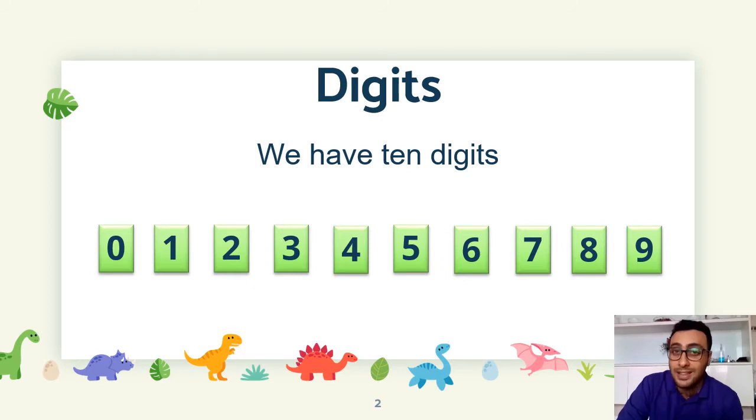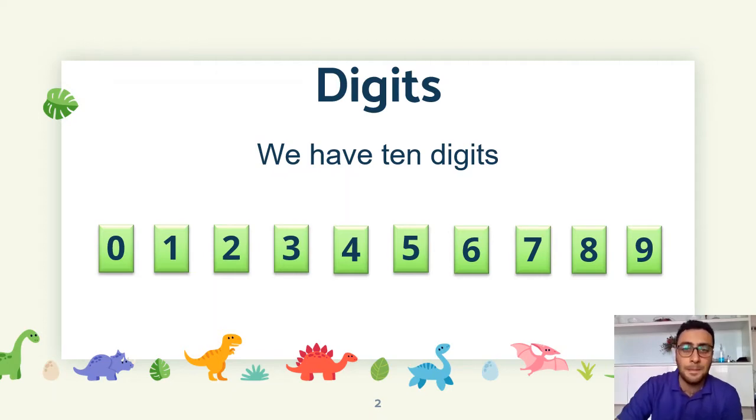Remember, we have 10 digits. 0, 1, 2, 3, 4, 5, 6, 7, 8, 9. Very good. So we have 10 digits. Now these are not just numbers, okay? We make numbers when we put them in place value.